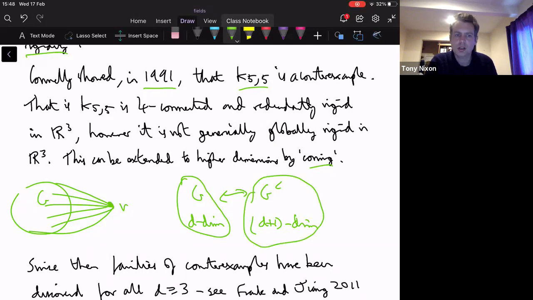It's a result of Connelly and Whiteley that G is globally rigid in D dimensions if and only if the cone of G is globally rigid in D+1 dimensions. I probably should not say this until the coning lecture, but I'd written it already, so I've said this vaguely here. What this means is that we know K_{5,5} is a counterexample in 3 dimensions. So just apply this theorem and take the cone of the graph K_{5,5}, you get a counterexample in 4 dimensions, and iterate the coning operation, you get counterexamples in other dimensions as well.